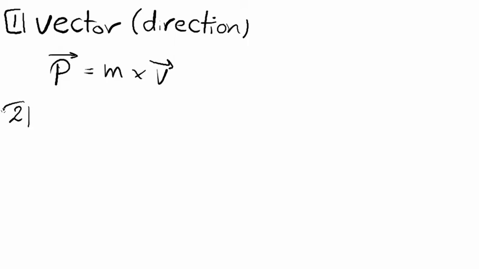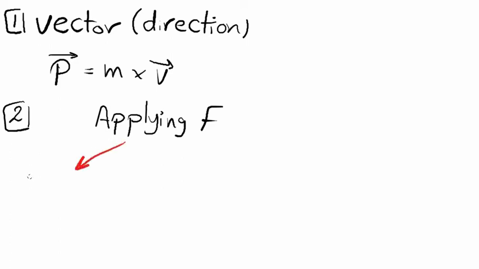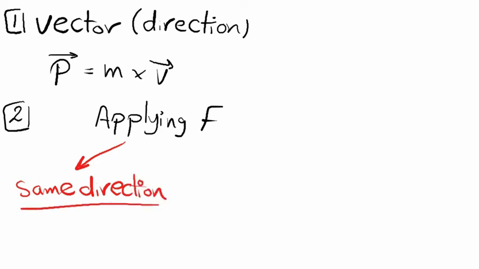Now the second property is that momentum can be changed by applying force. How is that? First, if the force is in the same direction as the momentum, in this case, the momentum will be increased.